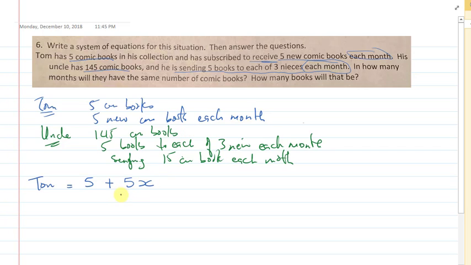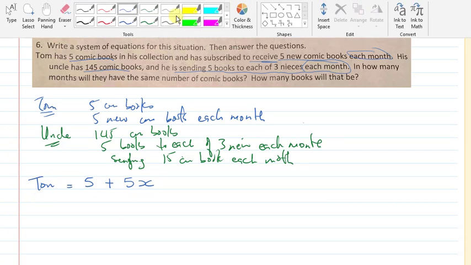For example, in 3 months, since he's receiving 5 books each month, we would say 5 times 3, which is 15. That would mean he received 15 books with this simple equation. So 5 books per month, basically. So I put 5x.